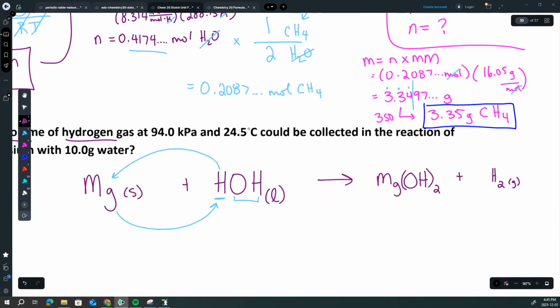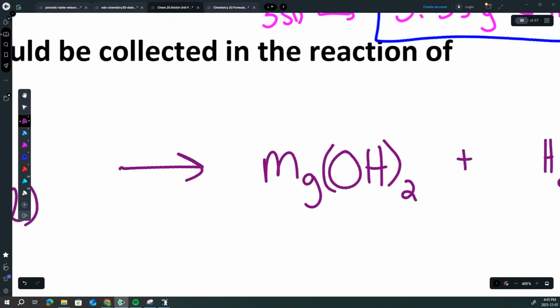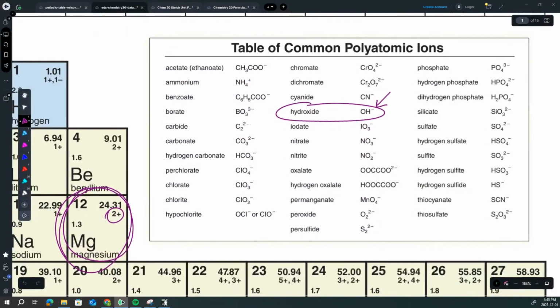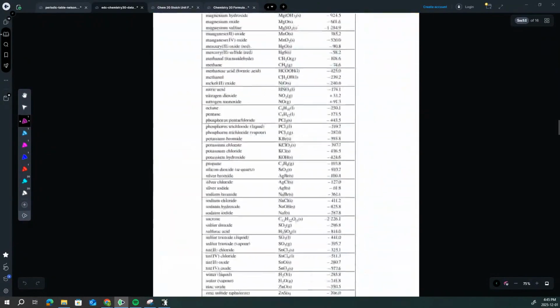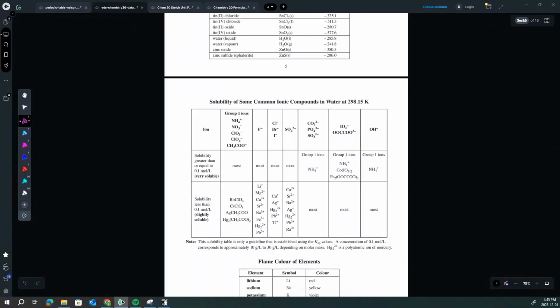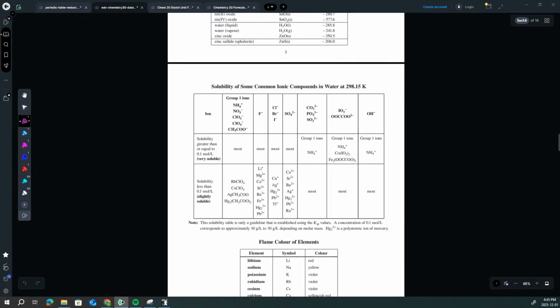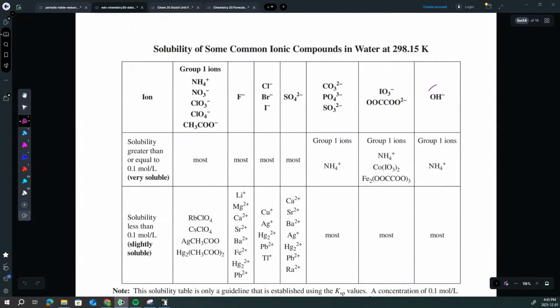Okay. Let's take care of the last state here, which is magnesium hydroxide. So we're going to have to go to our data booklet, and then go to our solubility table, which is on page 6. So we've got hydroxide, and it's saying, okay, group 1 ions or ammonium, those things with hydroxide are going to be very soluble.